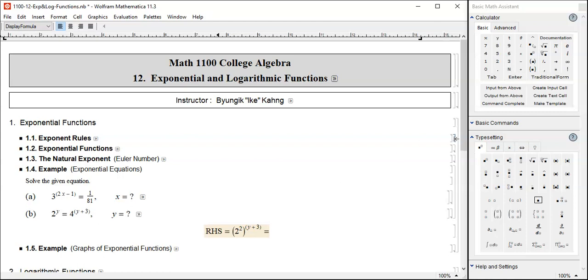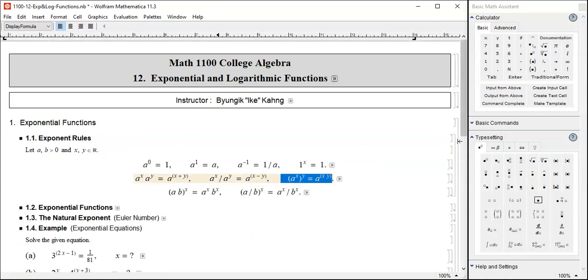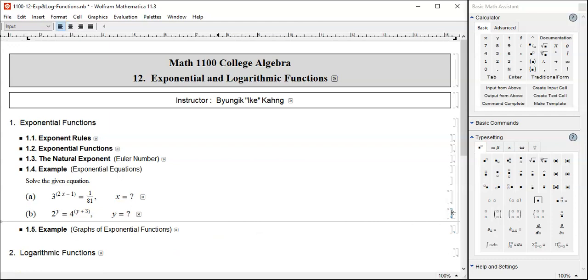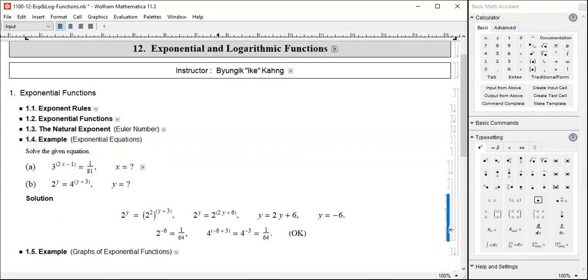And if you use the exponent rule, especially this one here, you can multiply the powers, and if you multiply out, what do you get? 2 to the 2y plus 6 power. That's the right hand side. So if you keep this one equal to the left hand side, you're going to get the equation you want.